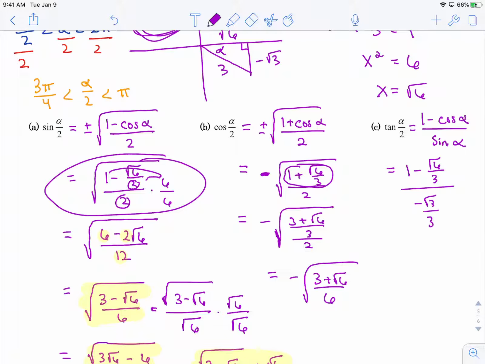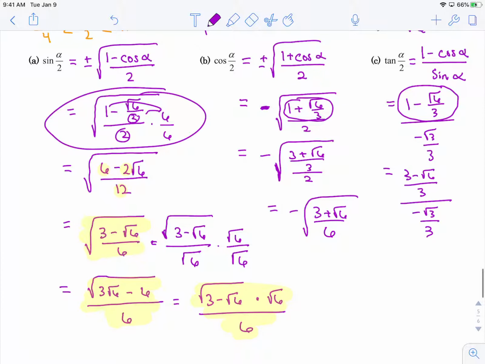I cannot leave it like that. All right, we have to make this look better. So one option is to combine our numerator. So we end up getting 3 minus root 6 over 3, and that whole thing is over negative root 3 over 3.